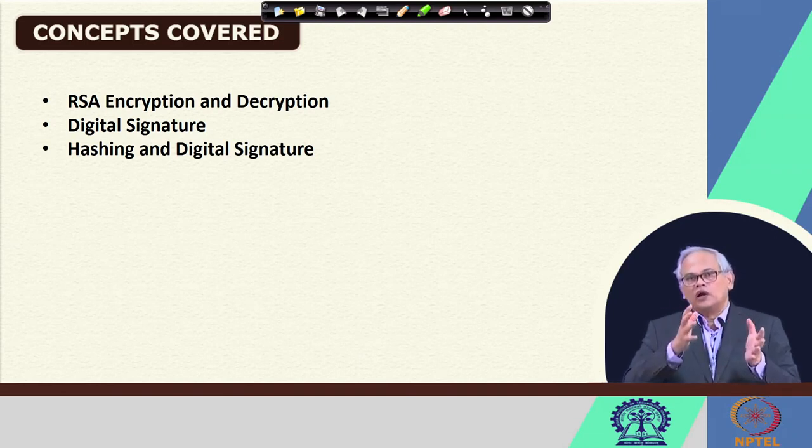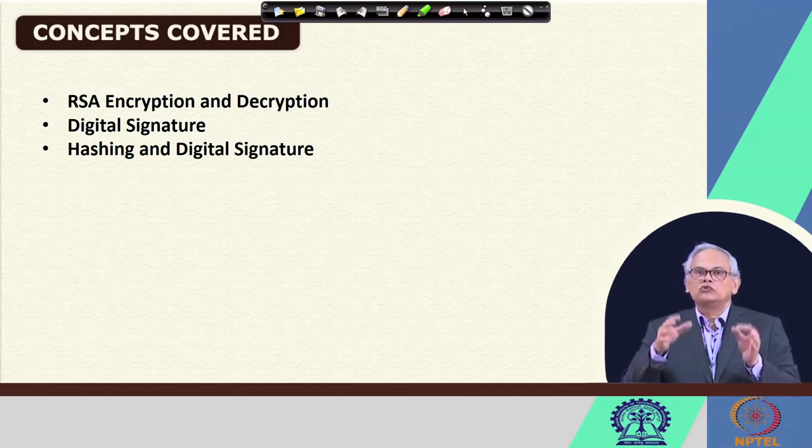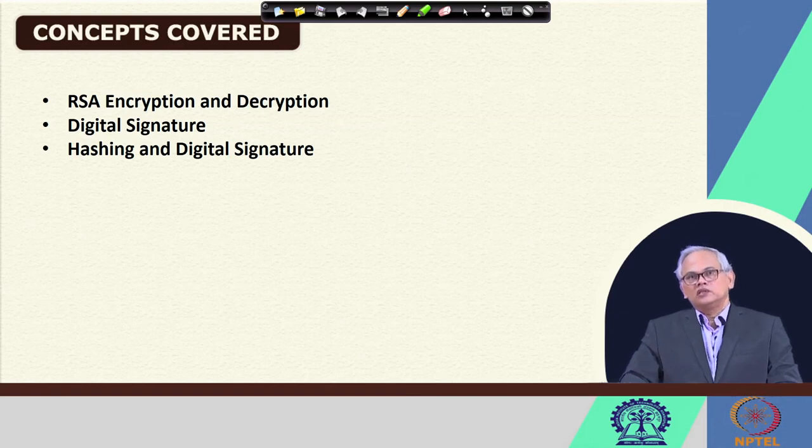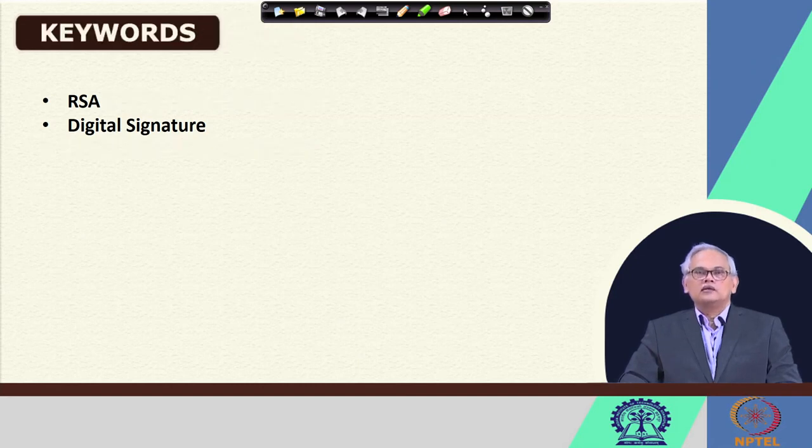So, after we understand how RSA encryption and decryption works, we will move on to digital signature. And then we will see how hashing and digital signature are combined and used in the context of blockchain. So, these are the basic concepts that we will cover, and the keywords for today's lecture are of course RSA and digital signature.